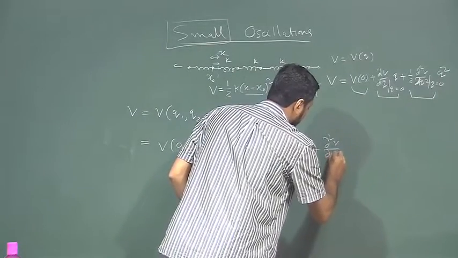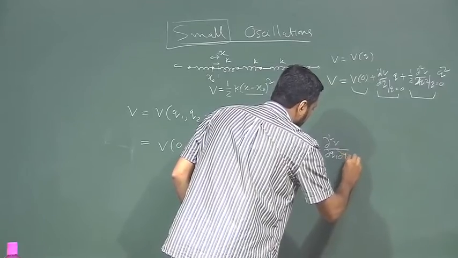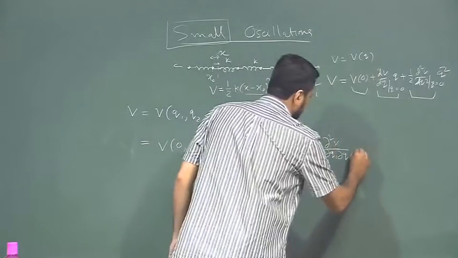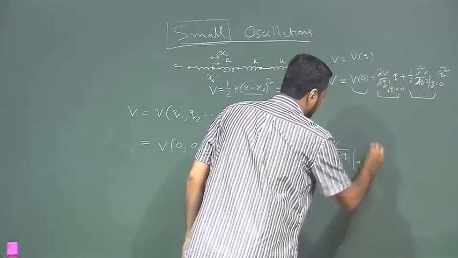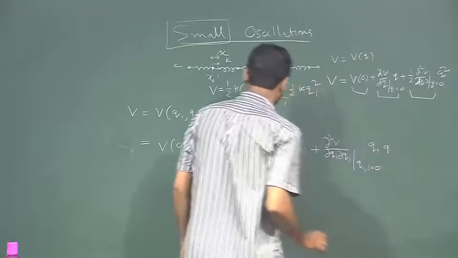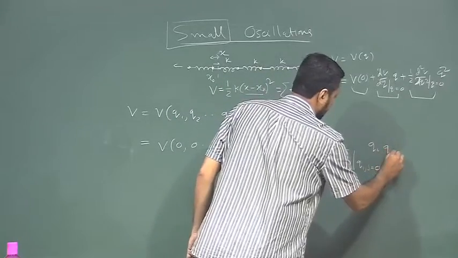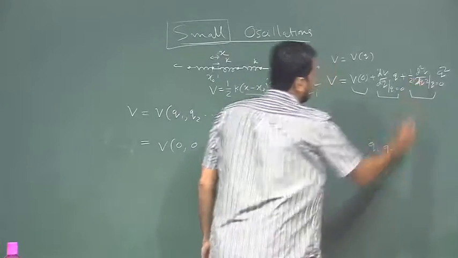What we should write is del 2V del q i del q j evaluated at q i, j equal to 0, times q i q j, and there will be a factor of 1 by 2 coming here, right.